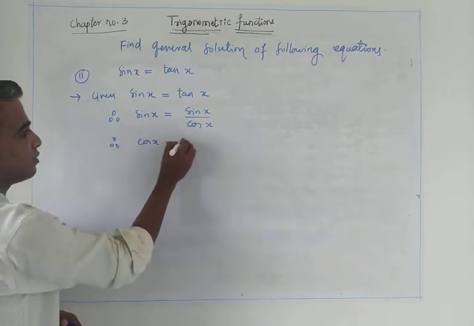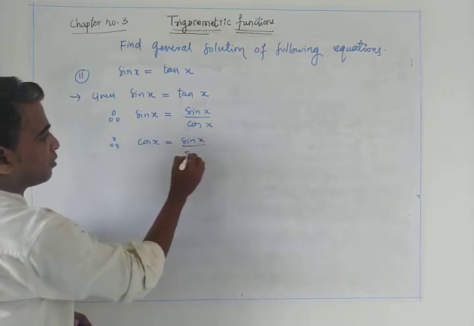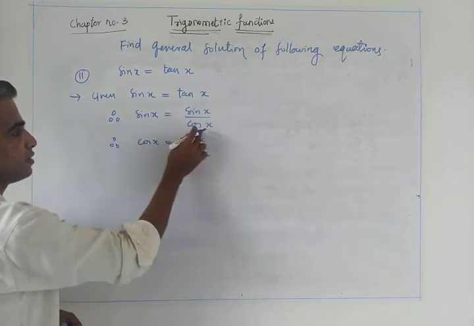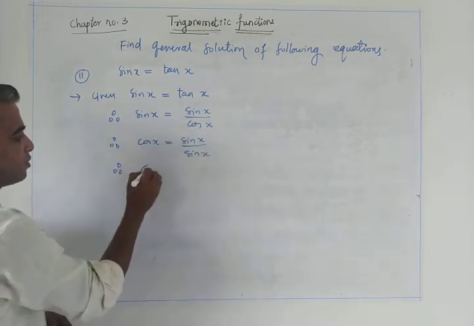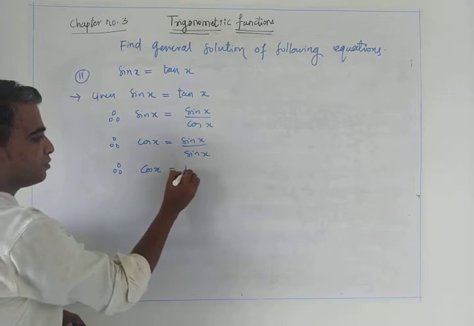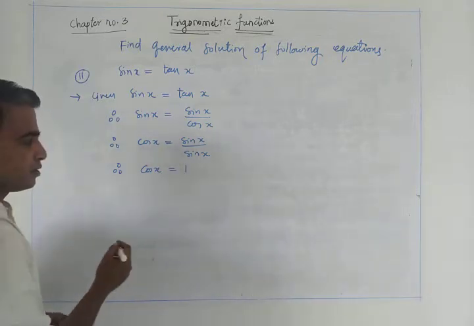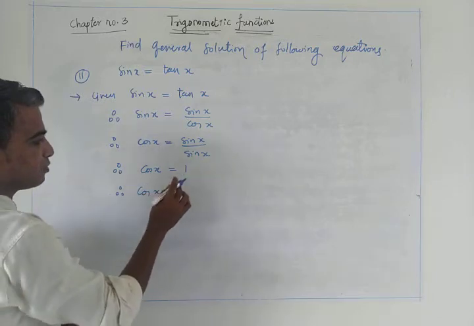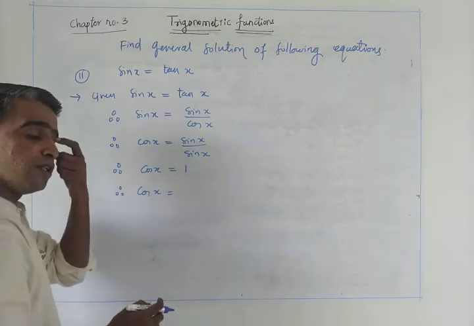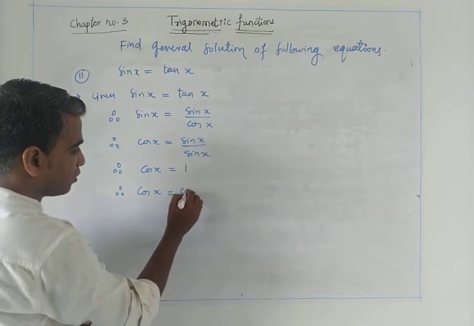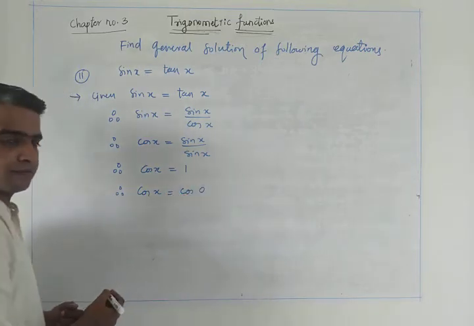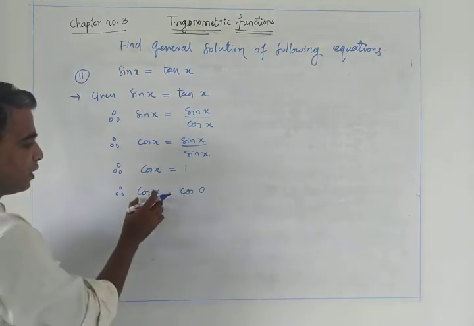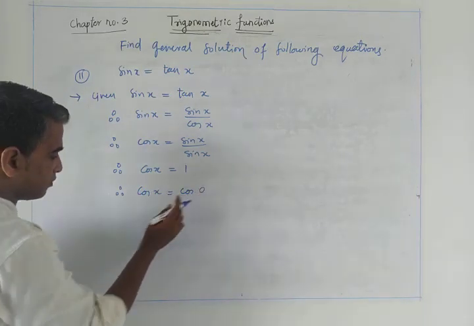So cos x is equal to sin x upon sin x. Therefore cos x is equal to 1, and therefore cos x is equal to, when you get the value 1 in the cos table, cos 0.